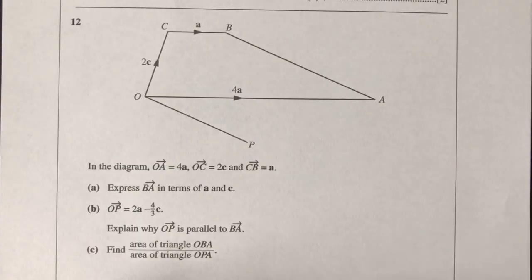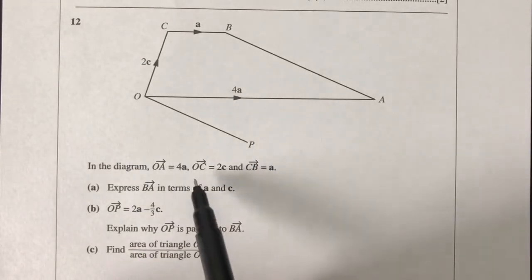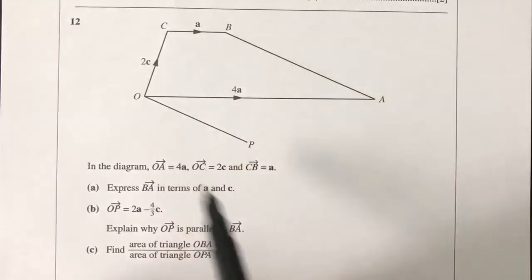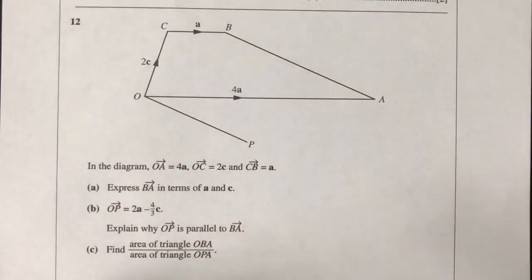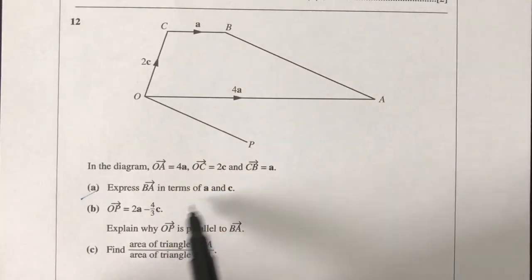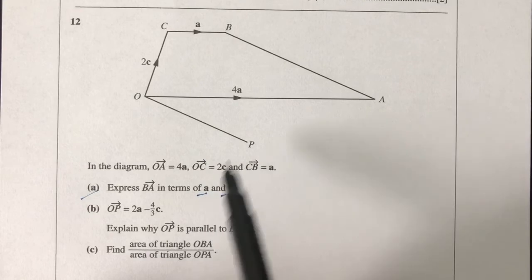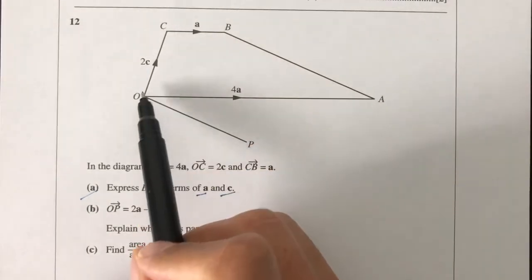So question number 12, we have OA equal to 4A, OC equal to 2C, and CB equal to A in the same direction as OA. Now, part 1, express BA in terms of A and C. So how do you find BA? You have to do BC, CO, OA.